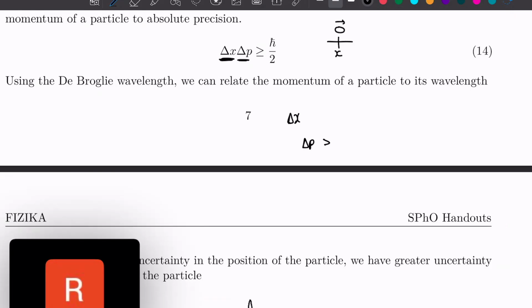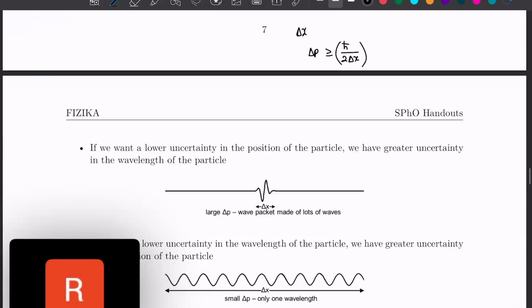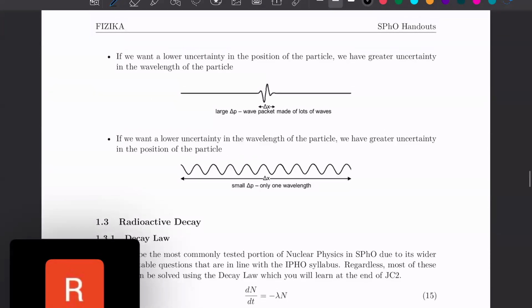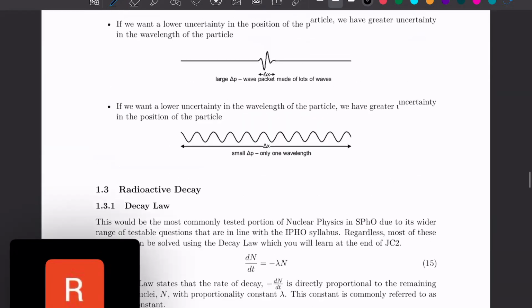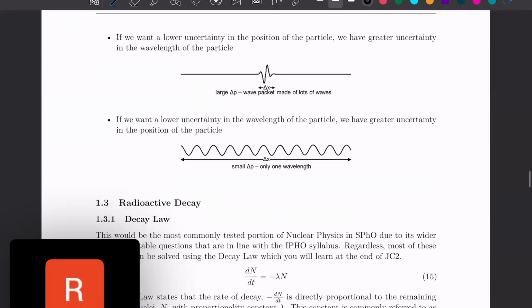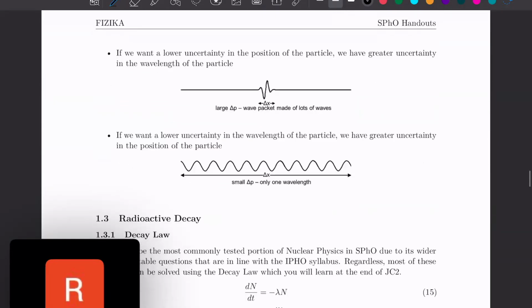Then delta P would be more than or equal to this, meaning it has to be more than this value. You cannot be less than this value. Yep. So I've given some illustrations to give you some visual aid, but I don't know how much of this is physically true.